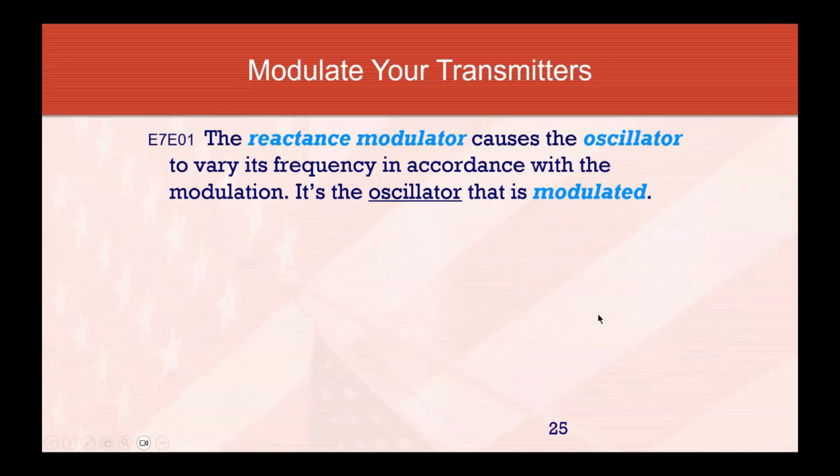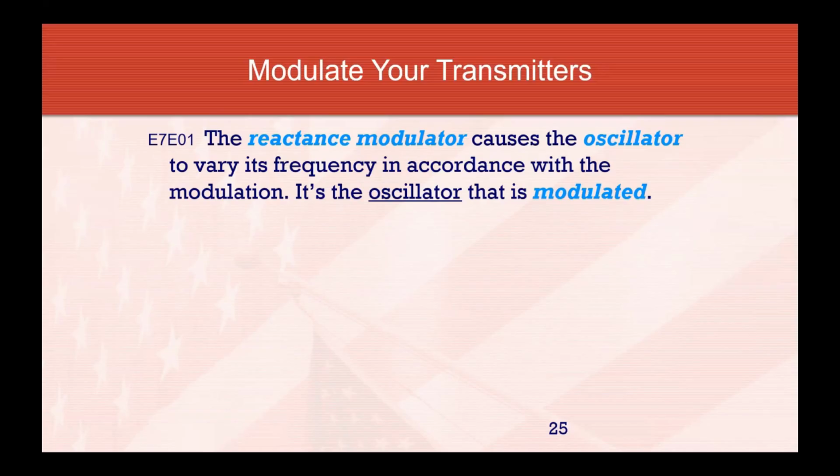A reactance modulator causes the alternate oscillator to vary its frequency in accordance with its modulation. It's the oscillator that gets modulated, not the output of the radio. With the reactance modulator, we vary a voltage using our voice, usually for some kind of frequency.